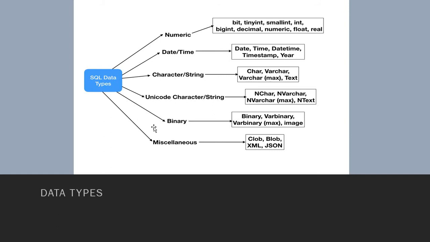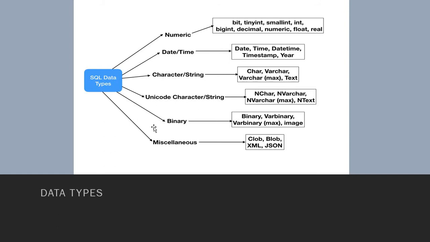Then under date time, you can see different data types: datetime, timestamp, year, that you will be learning in detail in the separate section on data types. Then under string types, you can see char, varchar, and text. These are the ways of representing text, basically char, varchar, binary, and varbinary.